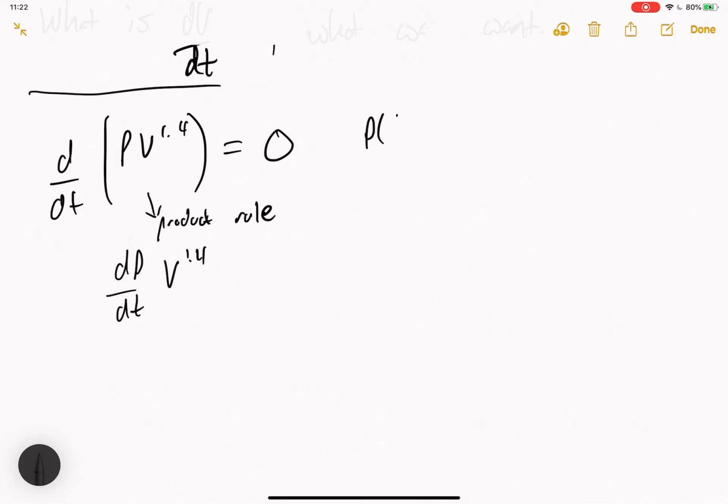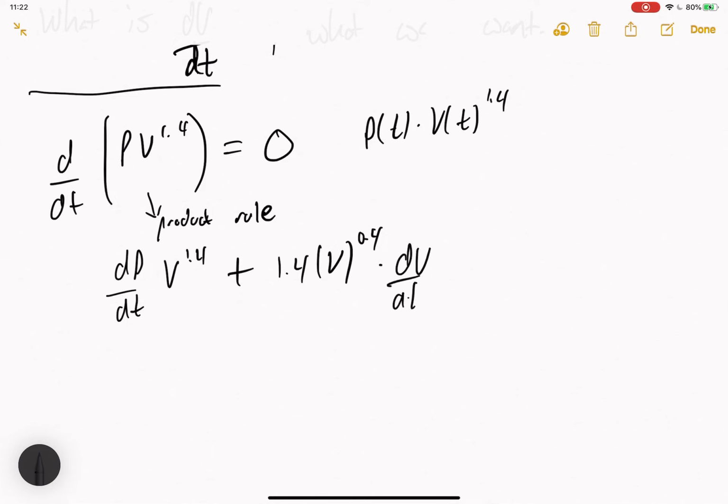Because really, again, it's P(t) times V(t)^1.4, plus then 1.4 V^0.4 times dV/dt times P is equal to 0.